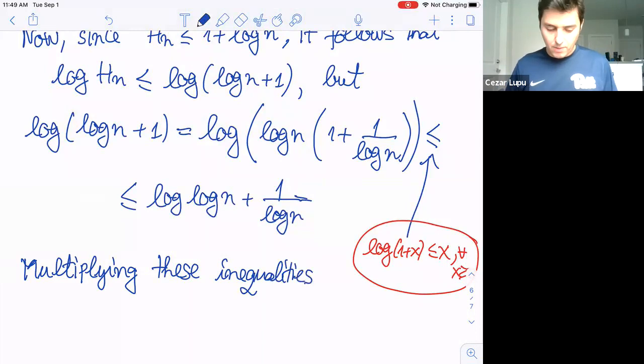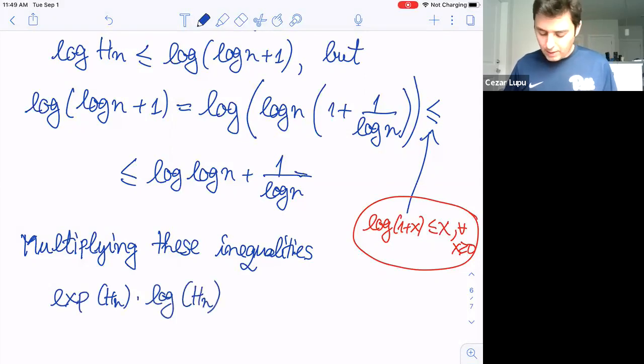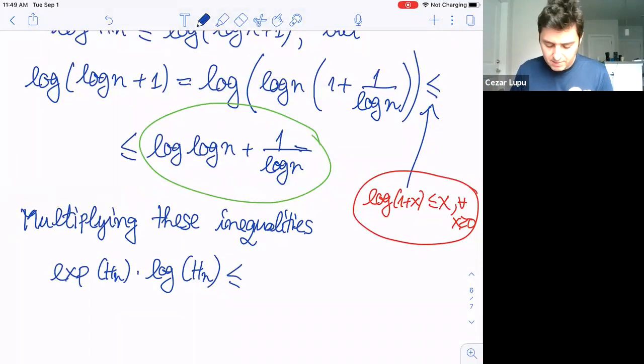Anyway, we have the following: the exponential of hn times log of hn will be less or equal than, after putting all this together, but we'll try to neglect this term so that I have some nice estimates.